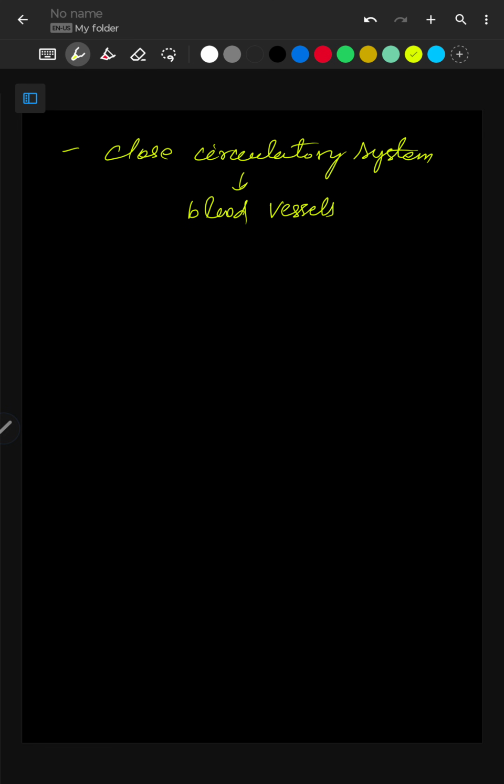Now come to the circulatory system. The circulatory system is a closed circulatory system, and closed circulatory system means blood vessels are present.